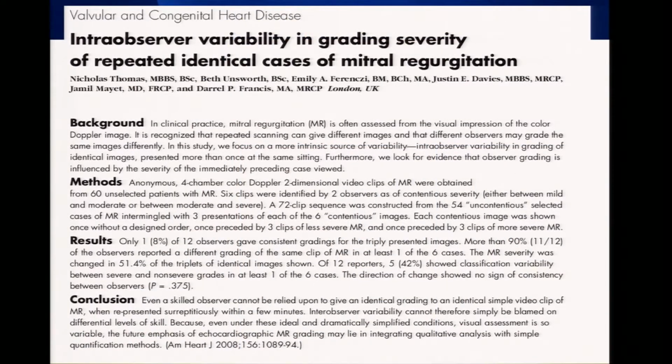In terms of the challenges with echo, this is one of the reasons why we quantitate. This is a paper I like to show from a few years ago.